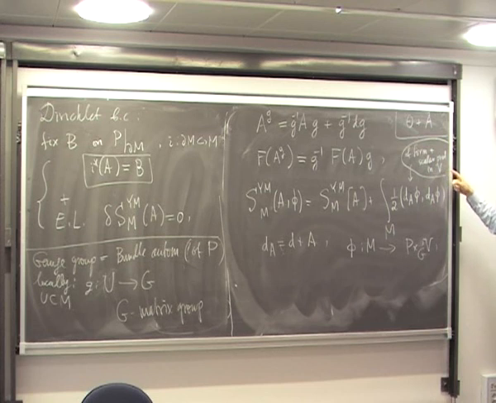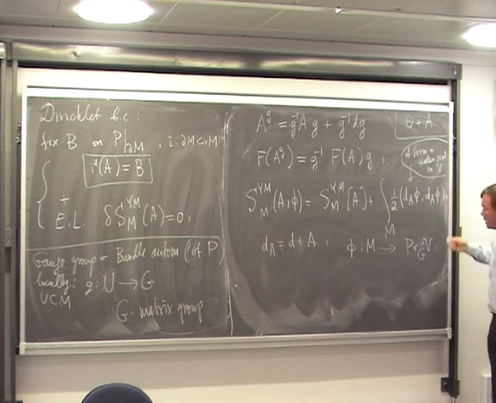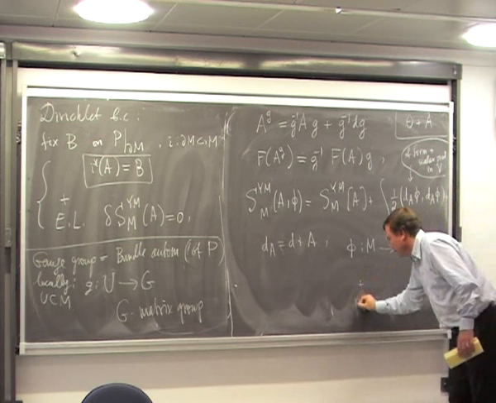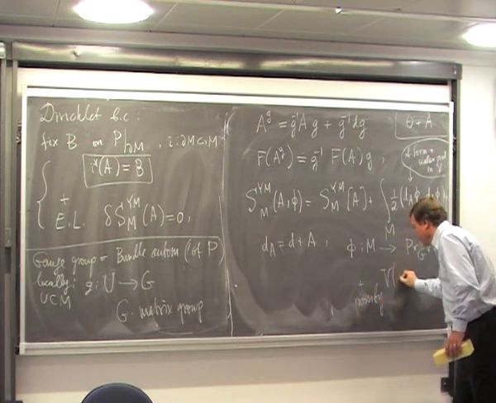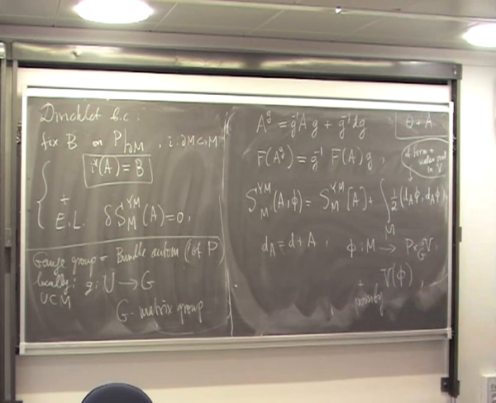The metric gives the scalar product of forms, and then the target values are taken with respect to the scalar product in V. So this is an example of the interaction of the Yang-Mills theory with the matter field, plus possibly we can have some self-interaction of this scalar field phi.